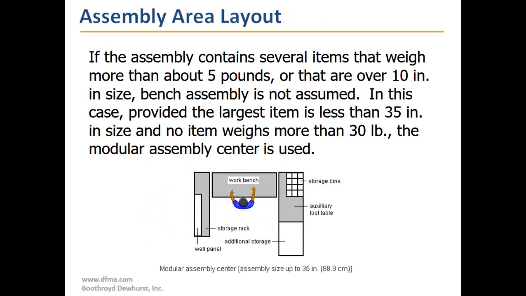As things start to get bigger, if an assembly contains several items that weigh more than 5 pounds or are over 10 inches in size, then bench assembly is no longer assumed. In this case, provided that the largest item is less than 35 inches and no item weighs more than 30 pounds, we assume a modular assembly center layout is used for the assembly of the product.